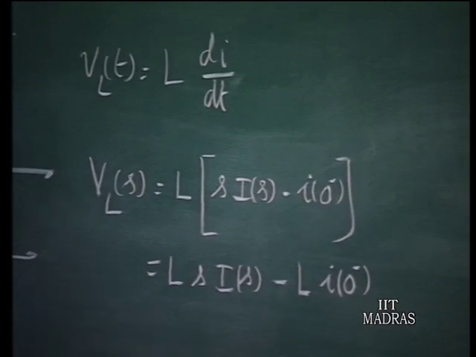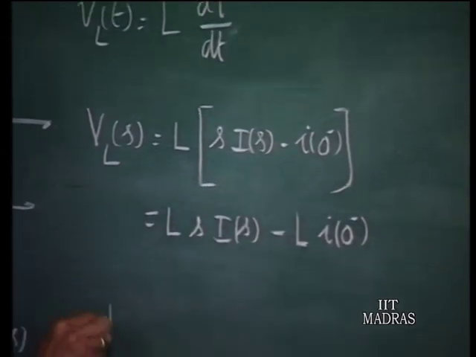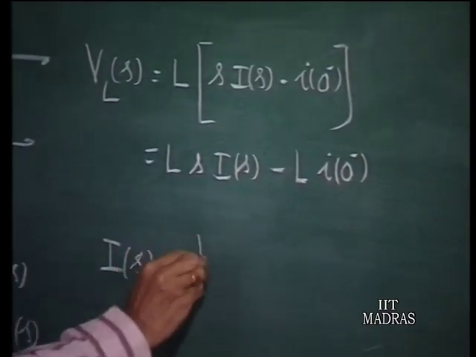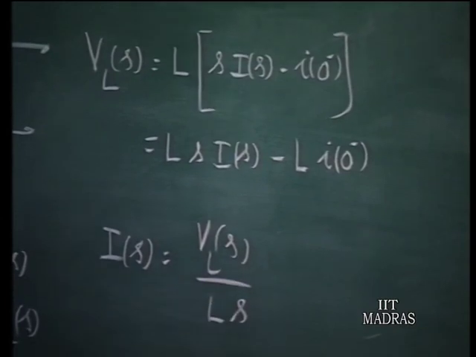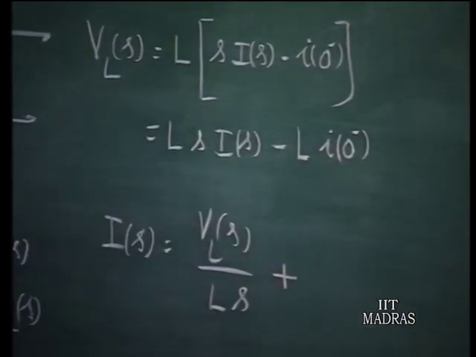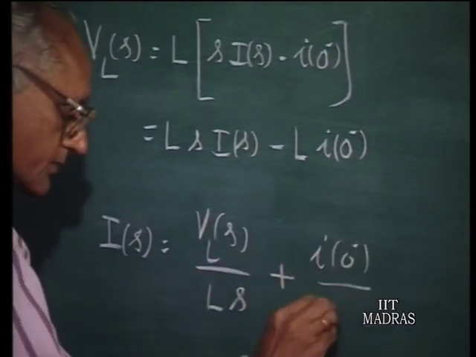We can invert this expression and find out I of s in terms of V_L of s as well. So, if you do that, then I of s can be written as V_L of s divided by Ls plus, because you are going to transfer this to the other side, I0 minus over s.